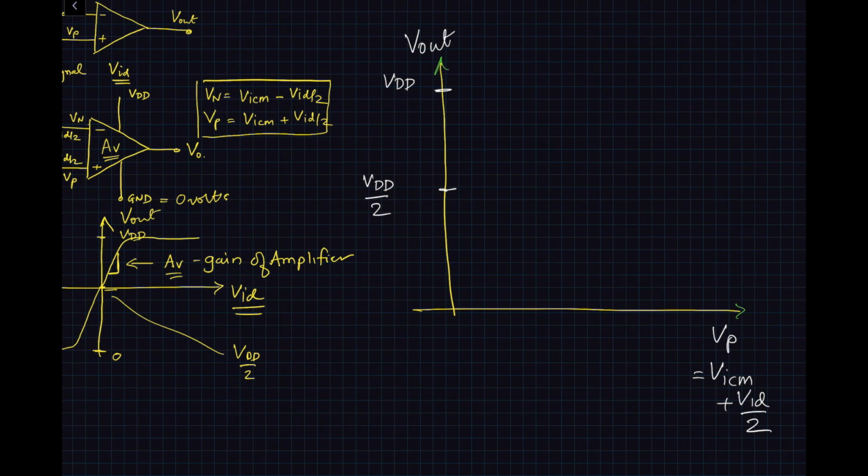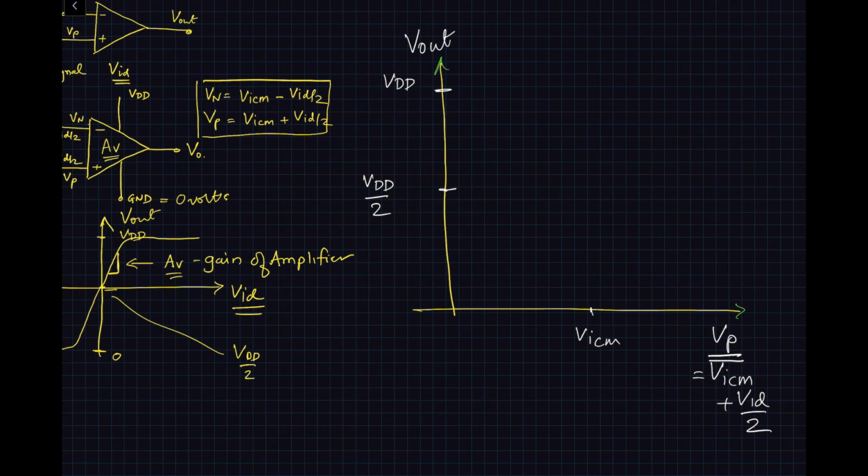I want you to think about it for a second, and then tell me how the transfer characteristics will look if Vicm is over here, let's say. I'll give you 10 seconds or so to plot the characteristics. And note, I'm showing Vp over here.